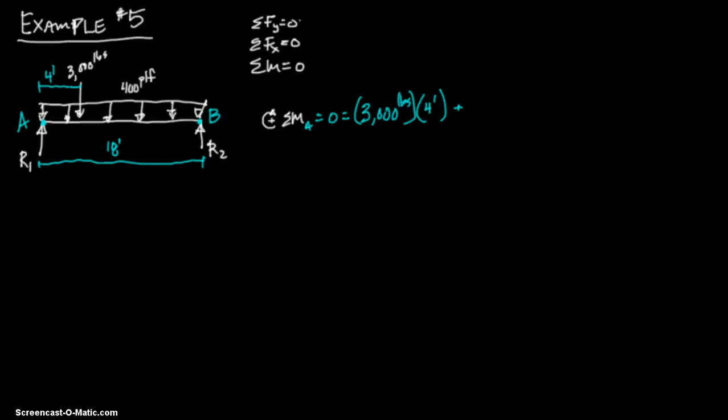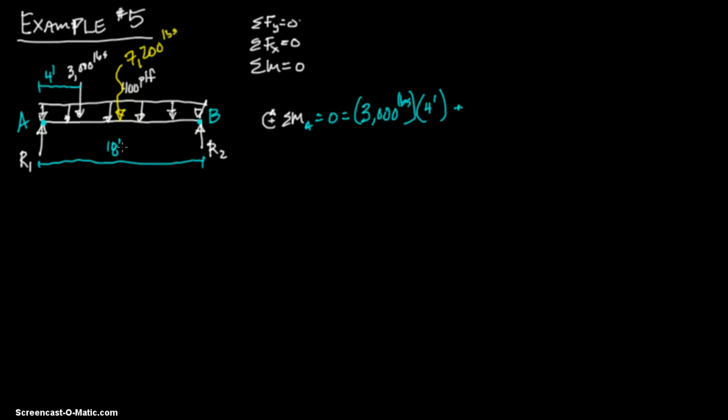We're going to go ahead and switch colors. And we're going to say that this 400 pounds per linear foot will create an equivalent load right in the smack middle of that load, since it's a rectangle. And it's going to be 400 pounds per linear foot times 18 foot, which gives you 7,200 pounds.